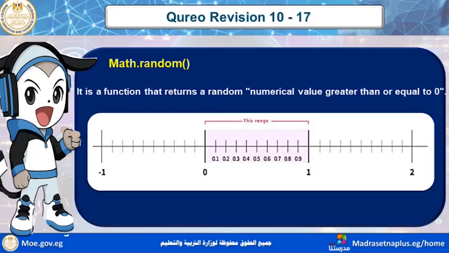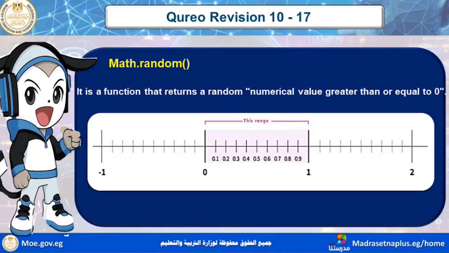Math.random is a function that returns a random numerical value greater than or equal to 0. In a function we must return a random numerical value, and this value is greater than or equal to 0.